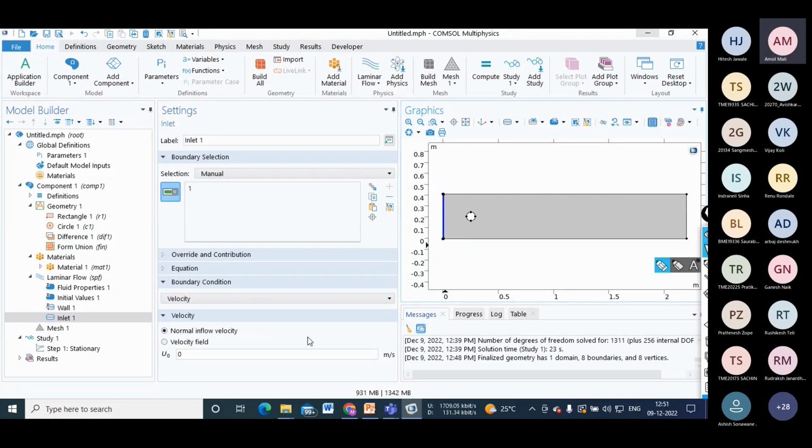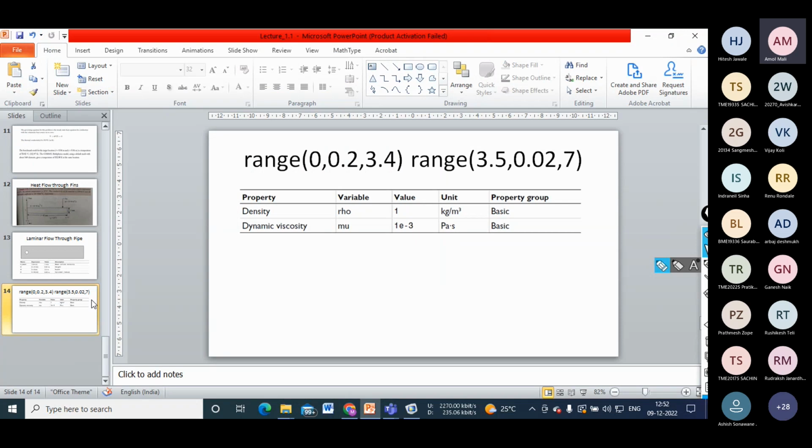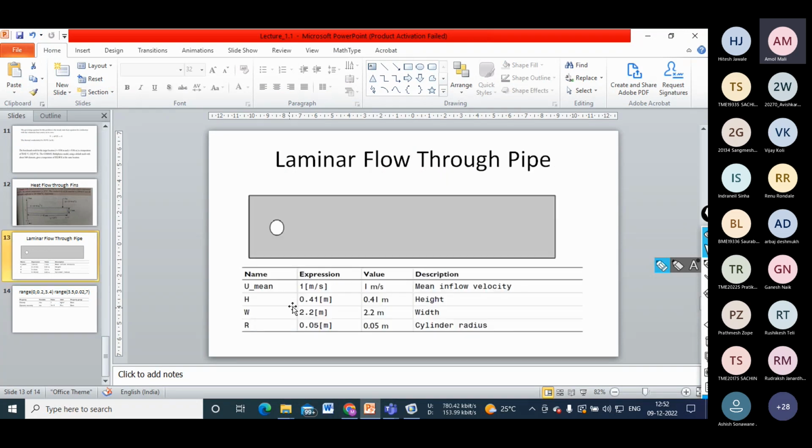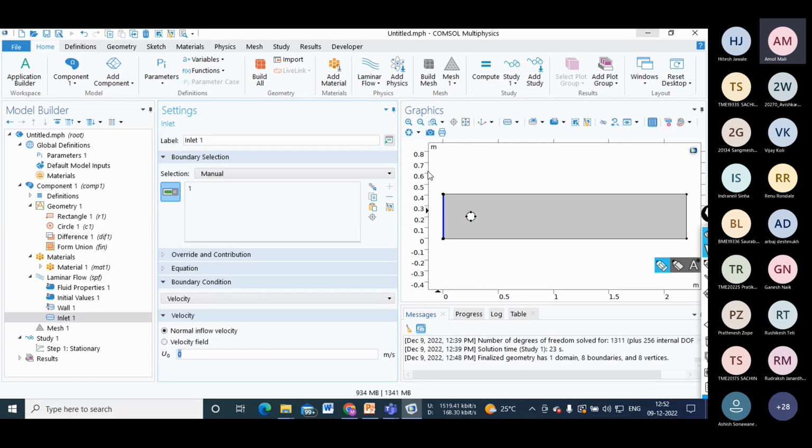So the inlet should be here. How much should the velocity be? That I have also given here: 1 meter per second, that velocity we are considering. Actually this velocity depends on the Reynolds number. What is the formula for Reynolds number? Re is equal to rho V D divided by mu. The density of air will remain constant, the same, 1.